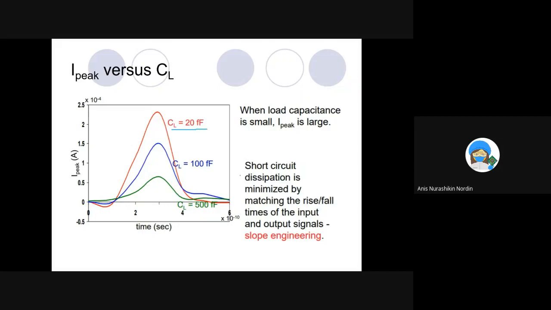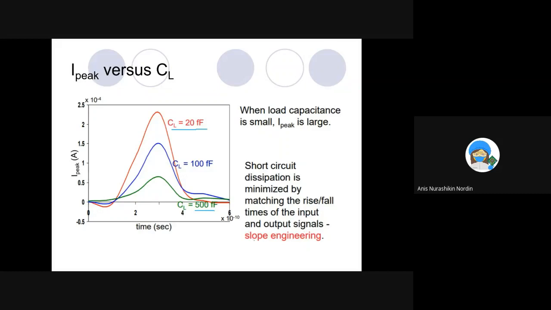If you increase the capacitive load to 500 femtofarad, you see that the value of I peak has been reduced from about 0.2 milliampere to 0.05 milliampere.